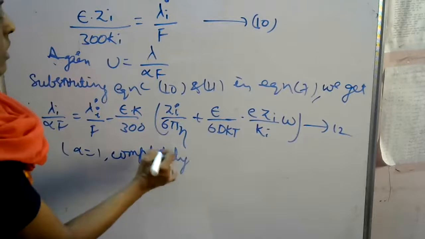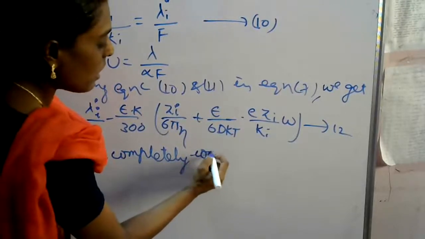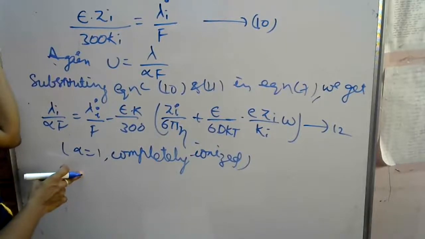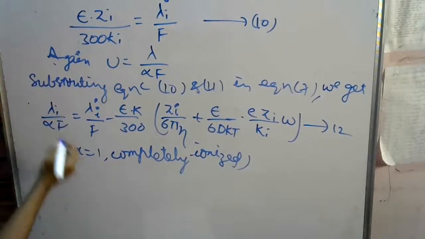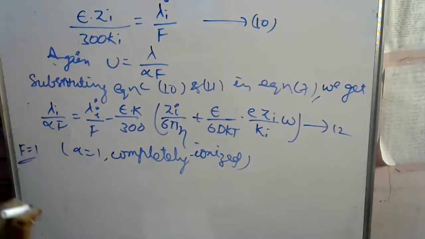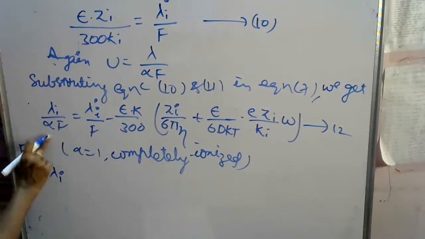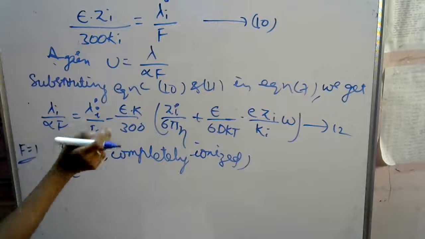Then alpha becomes 1, and at 1 Faraday, F also becomes 1.